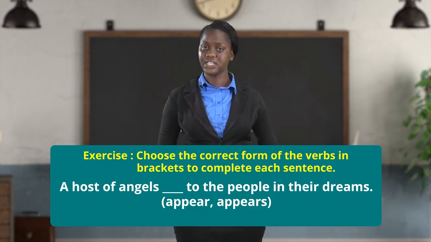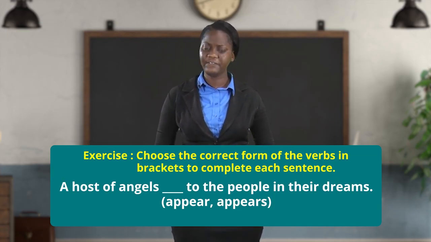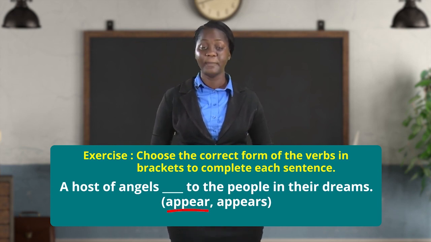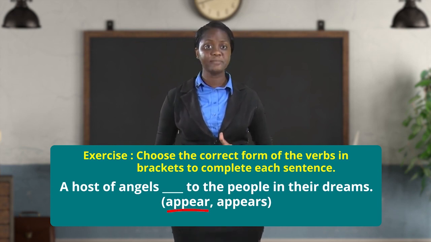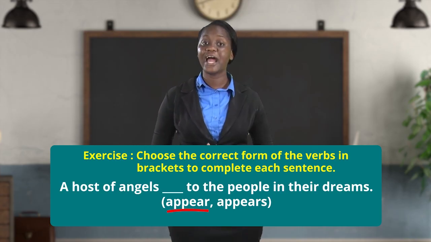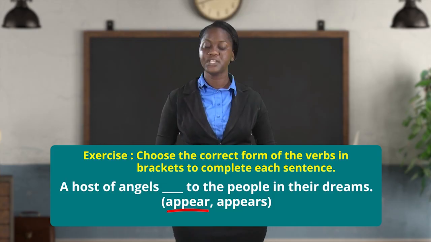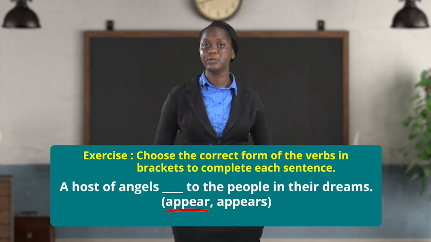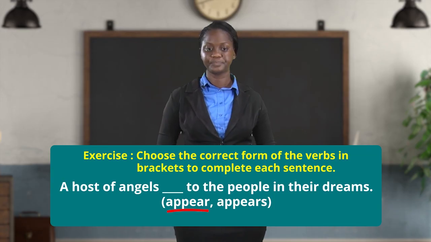So that's telling us it's just one host. Therefore, we should use the verb appears because remember, verbs ending in S are actually singular. So the sentence would read, a host of angels appears to the people in their dreams.